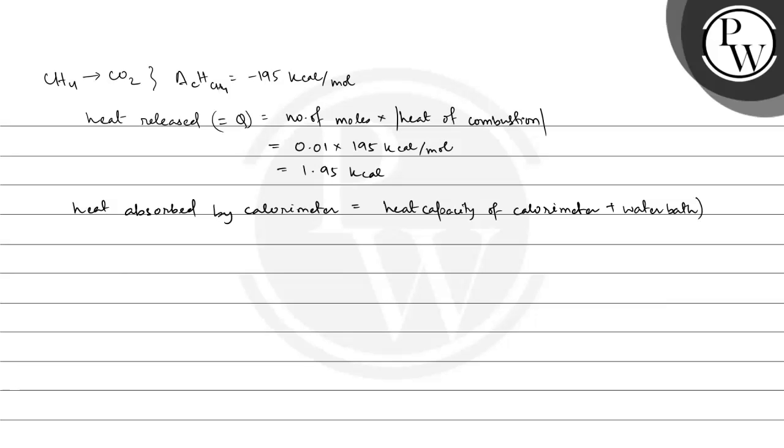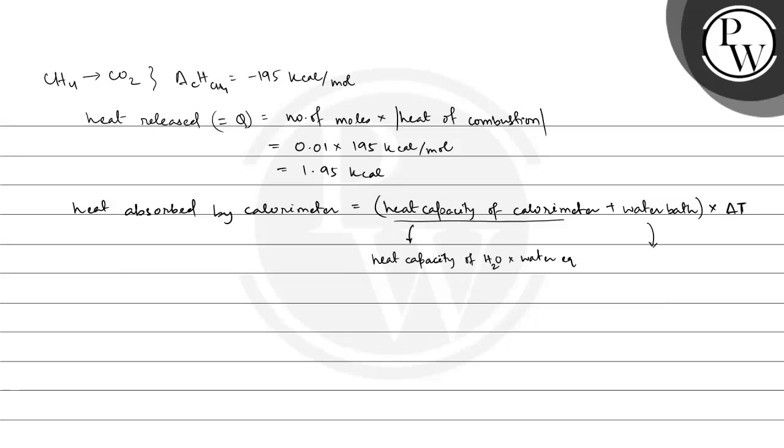So this heat capacity multiplied by delta T. So this is the temperature difference of the calorimeter. Now how will we calculate the heat capacity of calorimeter? This is by multiplying heat capacity of water multiplied by water equivalent.